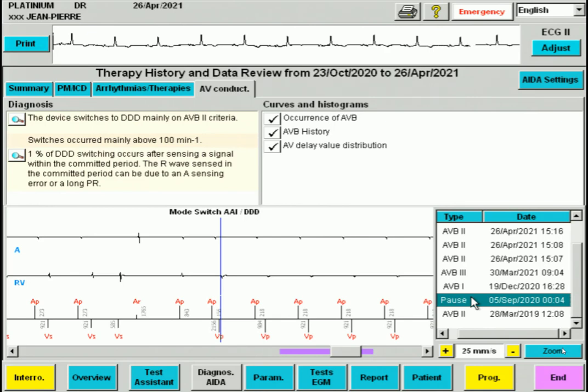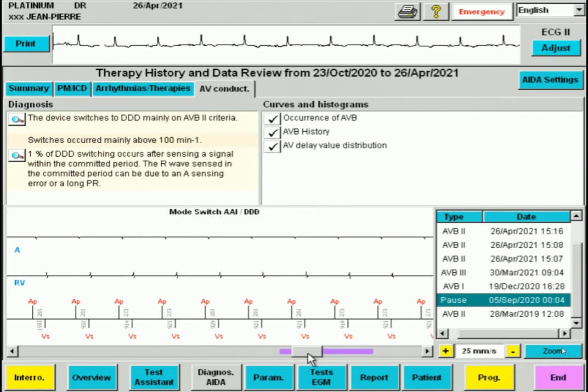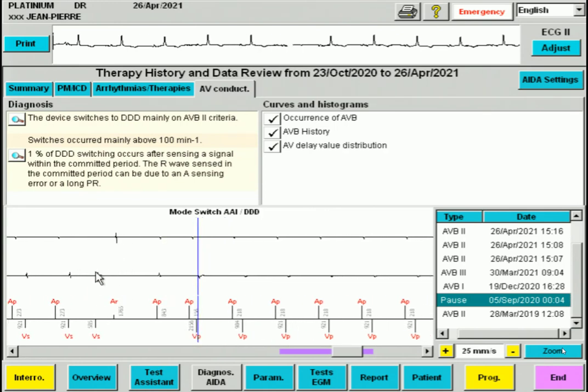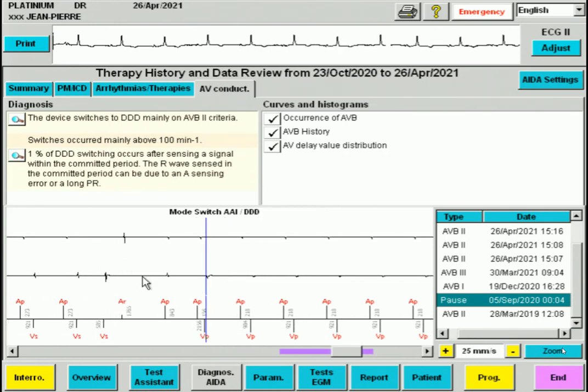Finally, an episode labeled pause because of a PVC and a functionally undersensed ventricular event within the blanking post-atrial pacing. No detection for over 2 seconds, so for the device it's a pause.